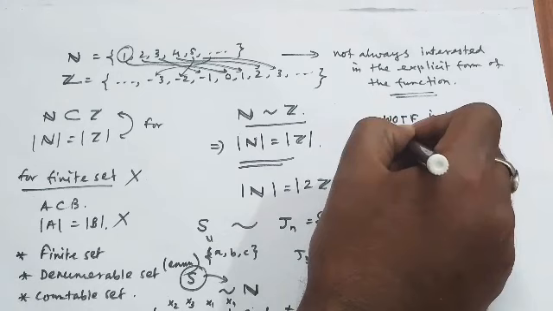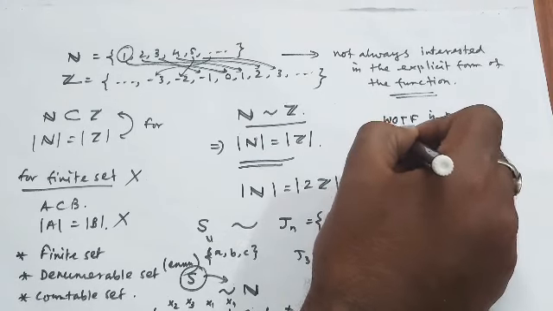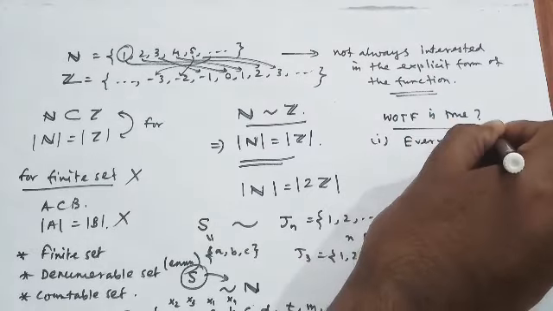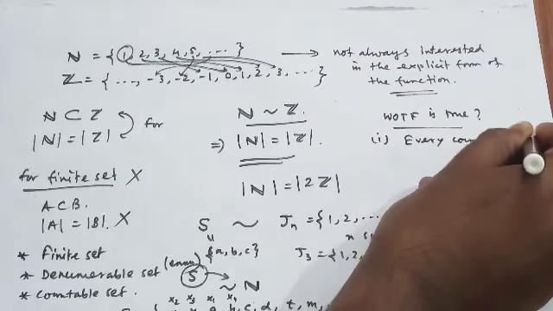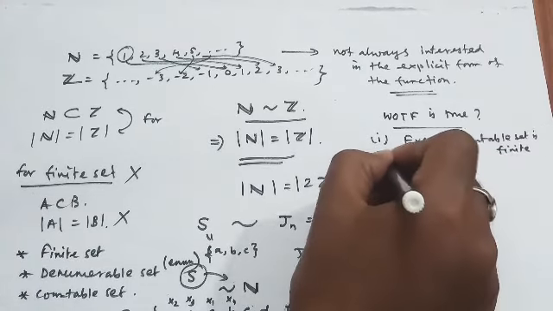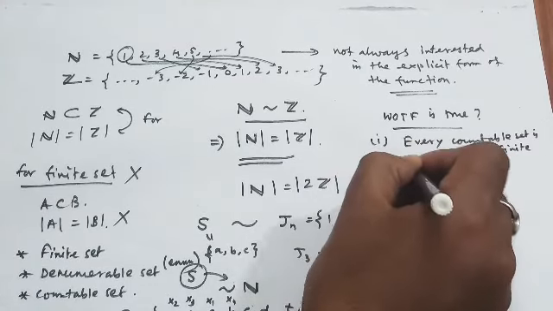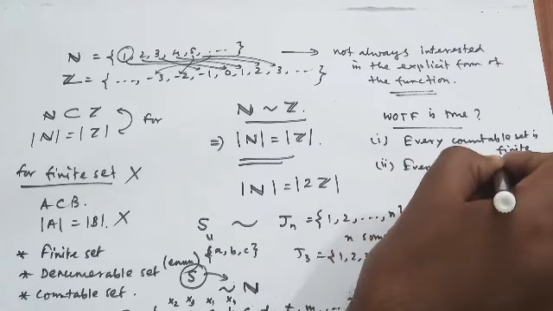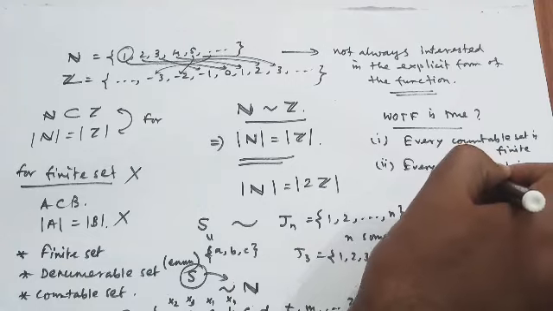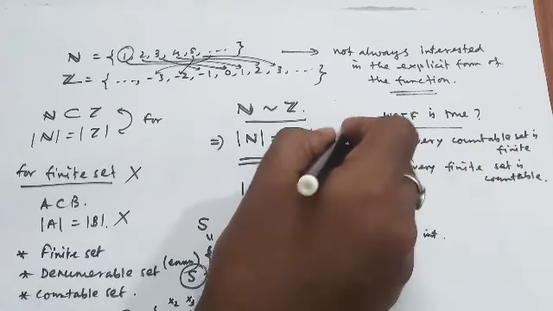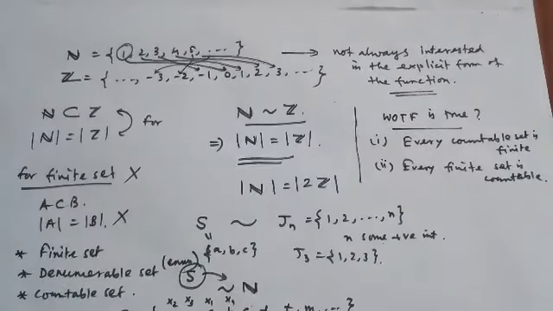Statement 1: every countable set is finite. Statement 2: every finite set is countable. Let me know in the comment section what your answer is.